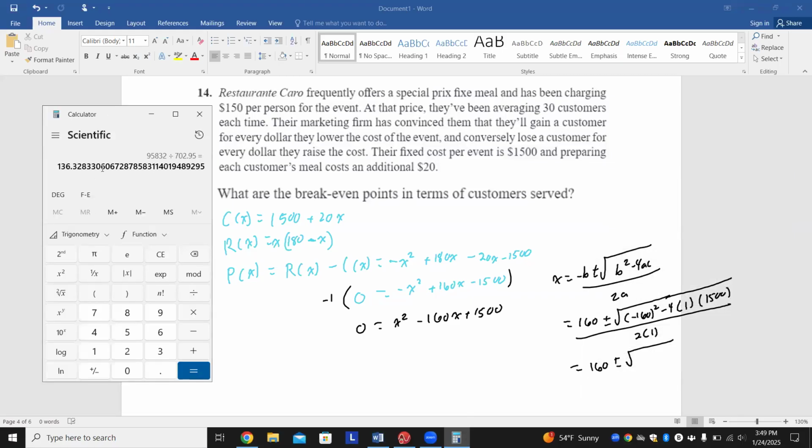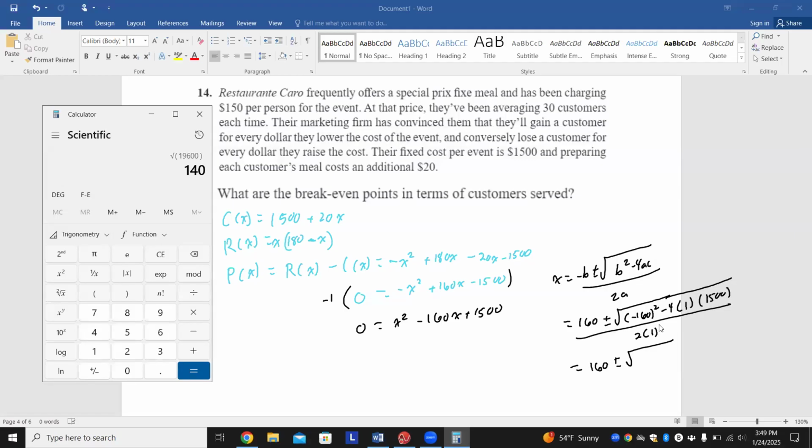All right, so in this one, let us do 160 times 160. And we're going to do that minus 4 times 1500. Well, 2 times would be 3,000, so that would be 6,000. We get 1960, the square root of that result. Oh, good, it's a nice clean number.